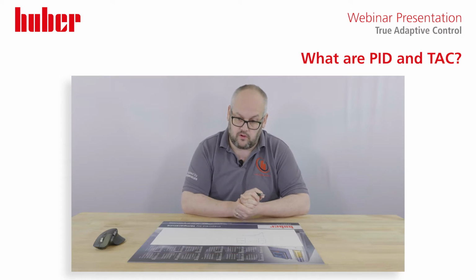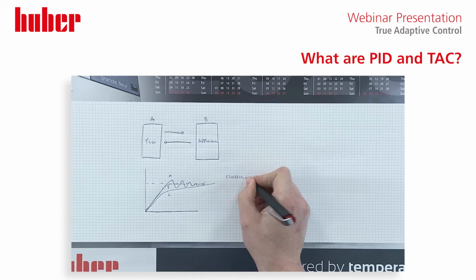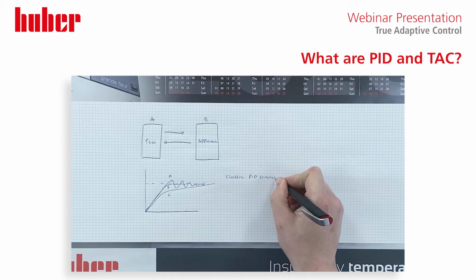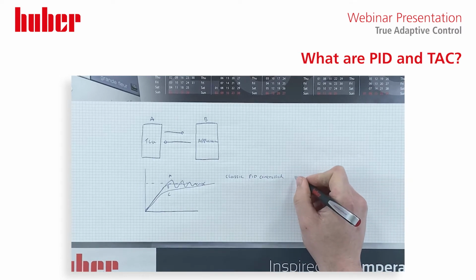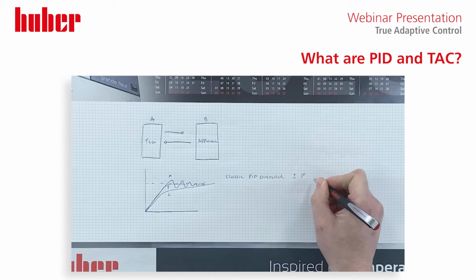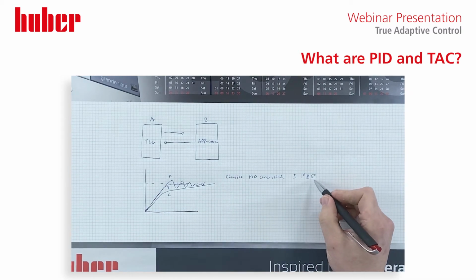If you go for essentially a classic PID controlled system, you will see that your stability will be plus or minus, on average, between 1 degree and 5 degrees, depending on the size of the unit. The bigger, the more kilowatts you have, is probably more erring on the 5 degrees C.